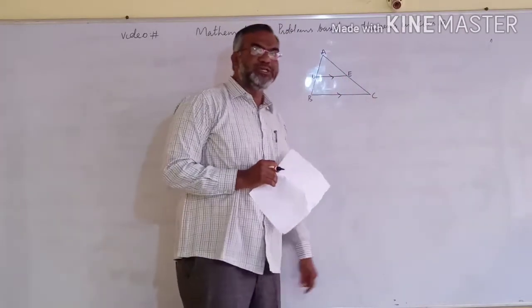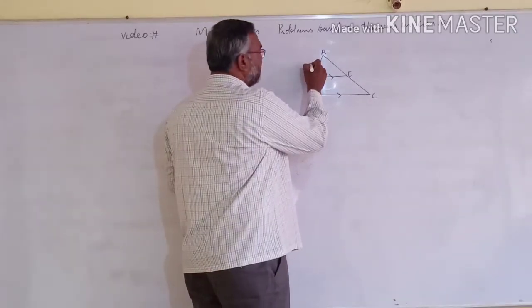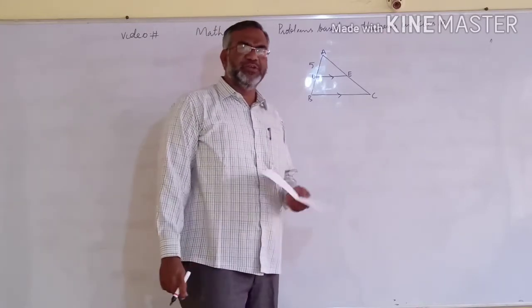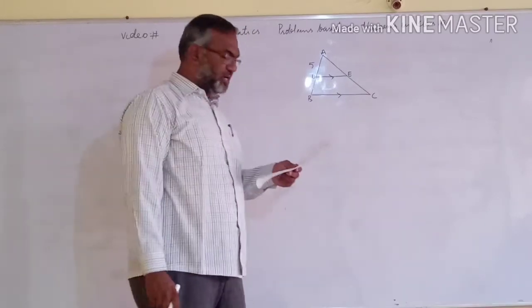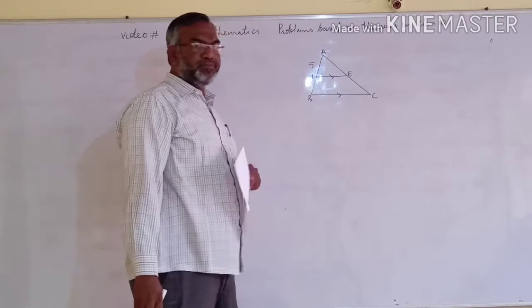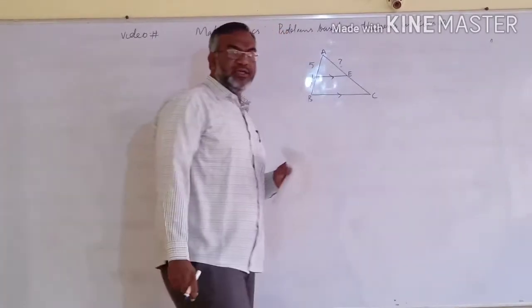Here the length of AD is 5 units, whether centimeter, inch or meter, and DB is given as 7 units. We have to find AE.